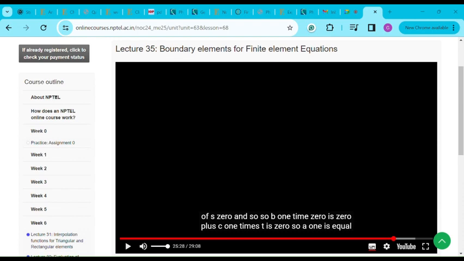In this manner, you can find out the stiffness matrix of one element. This is like one element of K11. Similarly, you can do it for all the Ks.